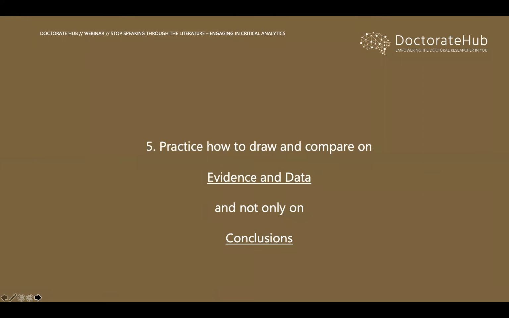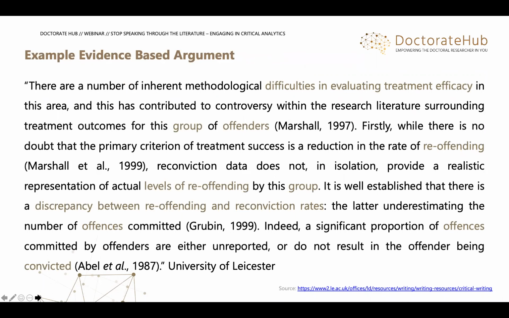Good. Now, how to practice to draw and compare on evidence and data and not only on conclusions. Let's look into this example of an evidence-based argument, which is taken from Leeds University. There are a number of inherent methodological difficulties in evaluating treatment efficacy in this area.